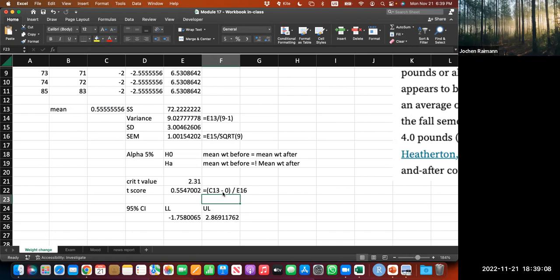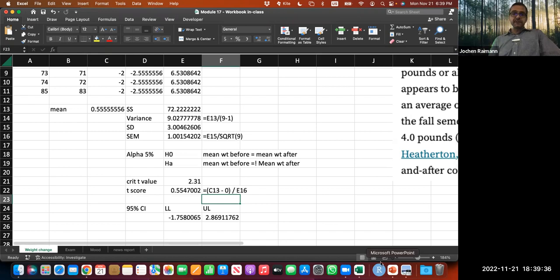And we're dividing it by the standard error of the mean, because that's the distribution of our mean differences. So now, if the lower limit and the upper limit as an interval do include the 0, the result is not to be considered significantly different from the null hypothesized 0.